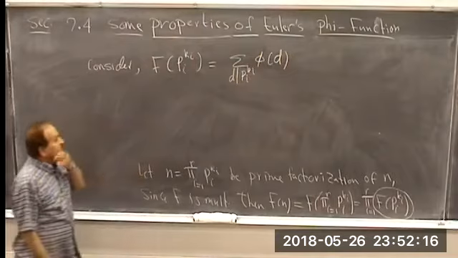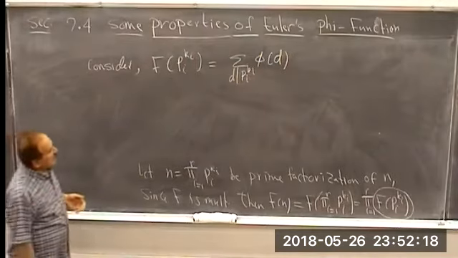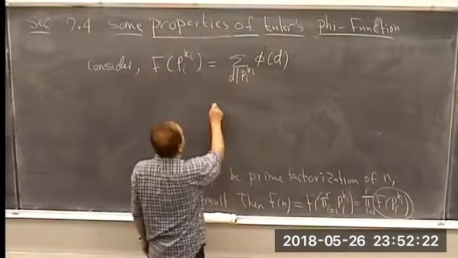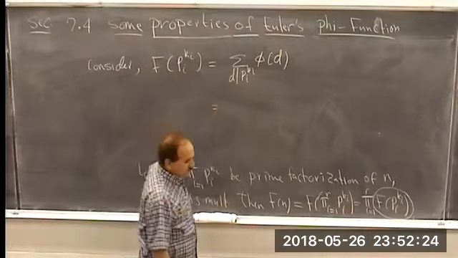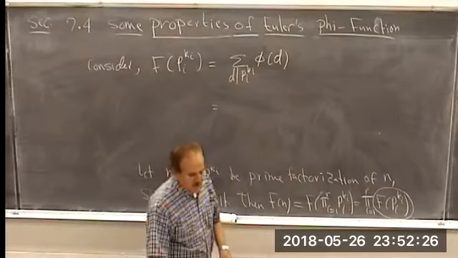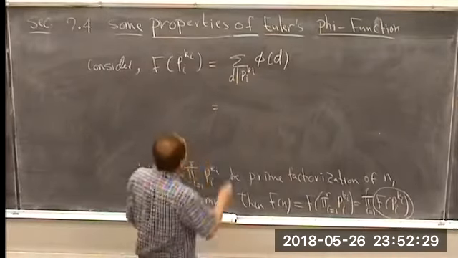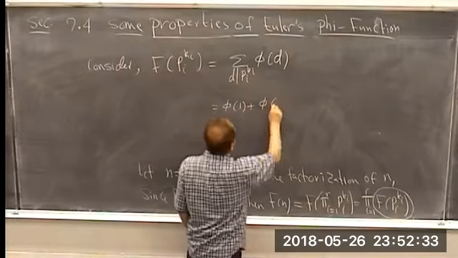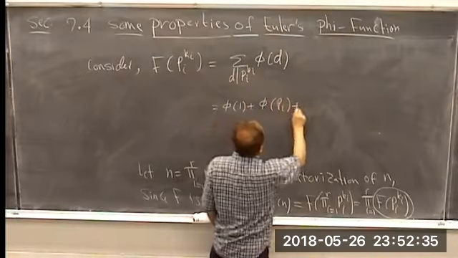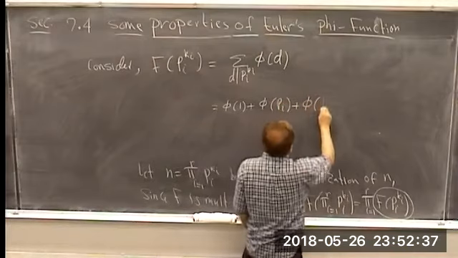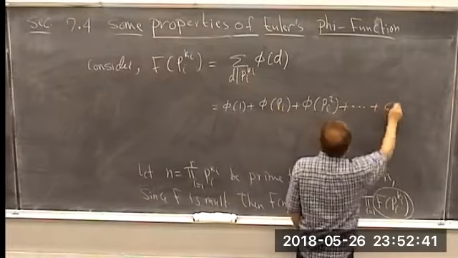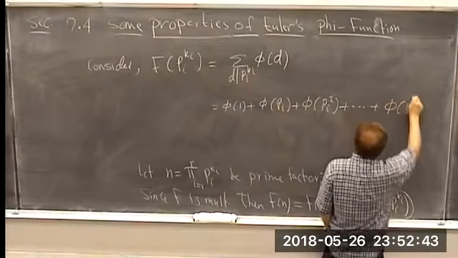Now I know the divisors of a prime power, so this is equal to phi of 1 plus phi of p_i plus phi of p_i squared, and so on, all the different powers up to k.